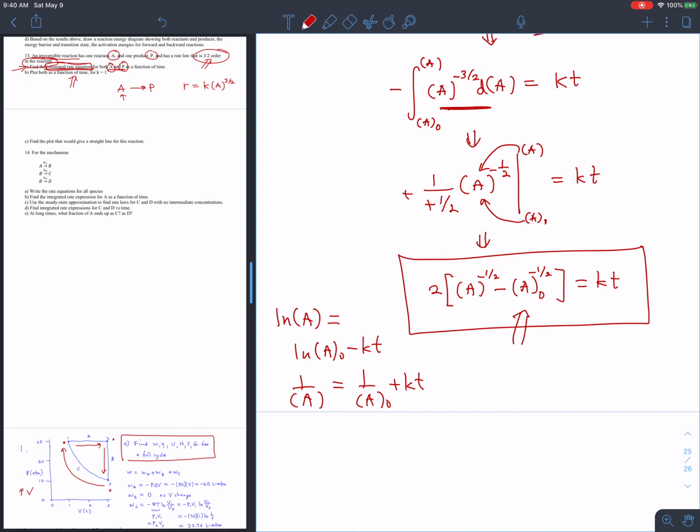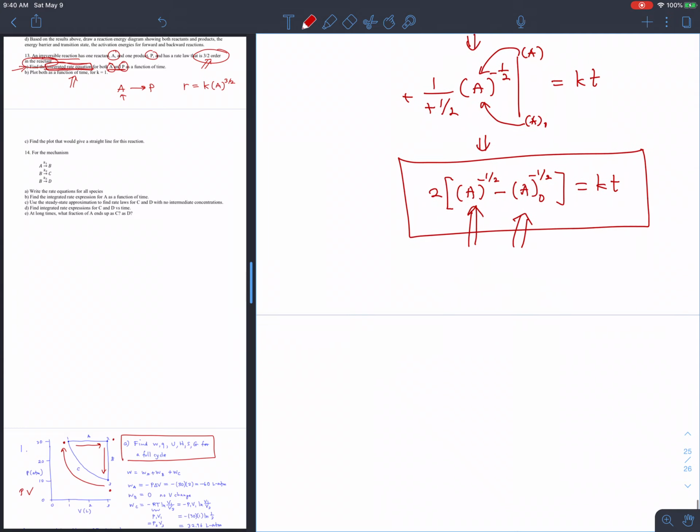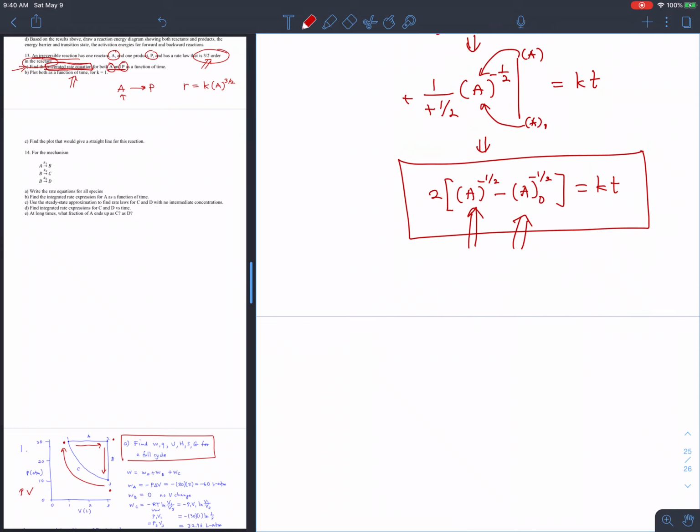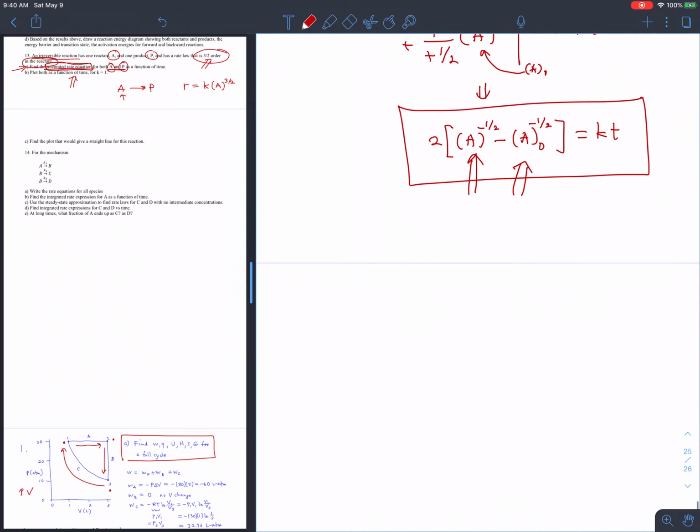This is the equivalent kind of thing for this 3/2 order reaction, but it's useful sometimes to actually solve all the way out for A as a function of time. In fact, we're going to need to do that in order to get P later. So let's do that. We have then that A to the minus 1/2 power equals A0 to the minus 1/2 power plus kt over 2, doing a little bit of solving.